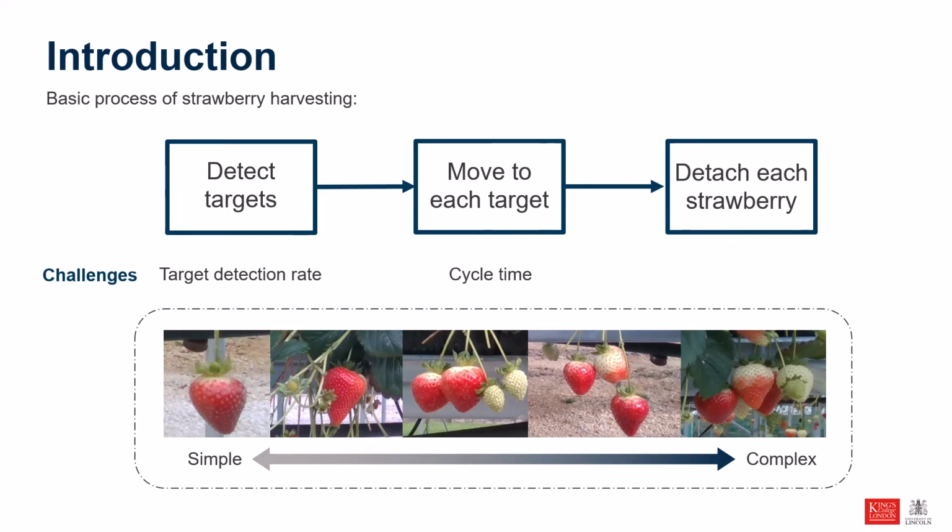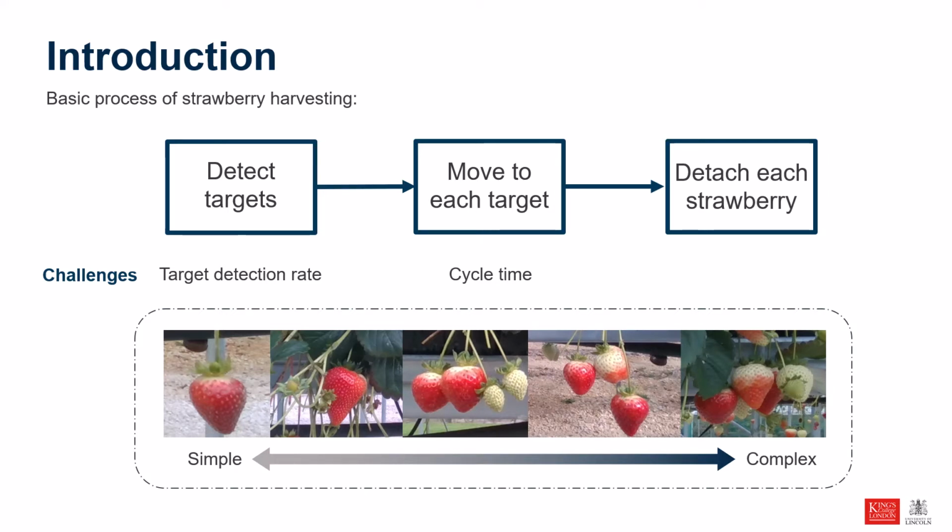To reduce the cycle time, a possible way is to improve the harvesting sequence. So far, there are approaches sorting using the traveling salesman paradigm, or using heuristic methods like sorting from low position to high to suit the gripper working mode, and some other methods.